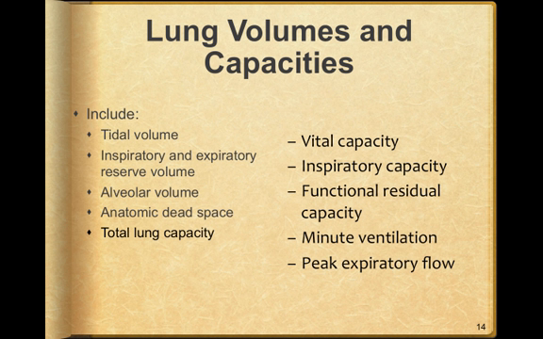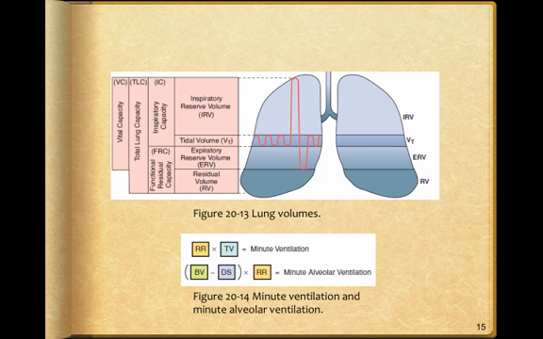Minute ventilation, again, I have some formulas on this graphic that we're about to see. And then the peak expiratory flow, which is pretty easy. We usually use that assessment on asthmatics, and it would be the maximum force of air that came out of the lungs. So we look at their peak flow to determine if they have a reactive airway condition or they are trapping air. That's what asthma does: it lets air in, but it doesn't let air out. So these are all of our terms here.